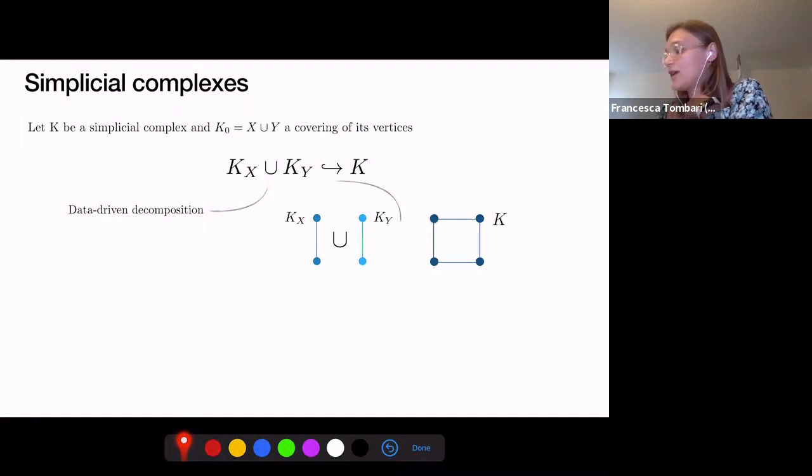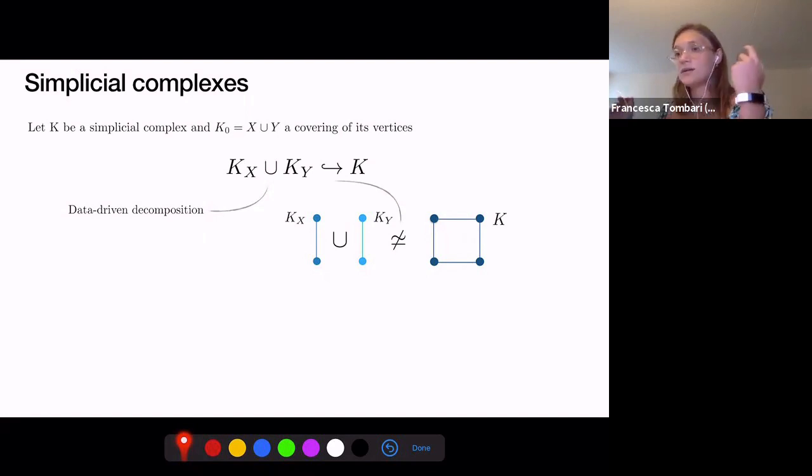If you have a square K, and you take the decomposition of the vertices given by these two vertices on the left and these two on the right, then you restrict K to these subsets, and this is what you obtain: two one-simplices. So they have different H0 and different H1. So definitely they have different homotopy type.